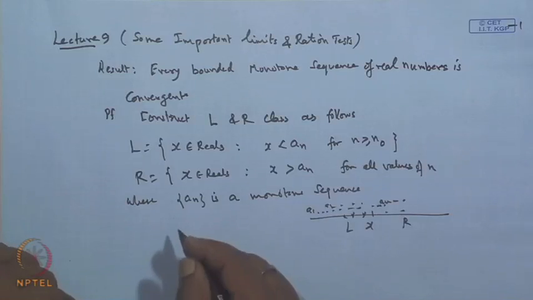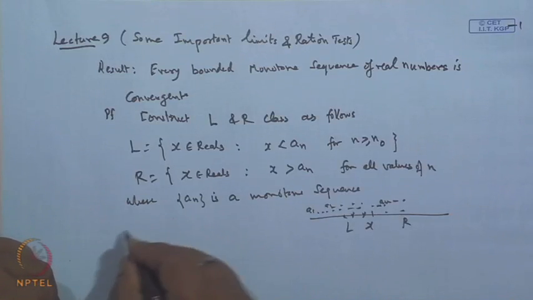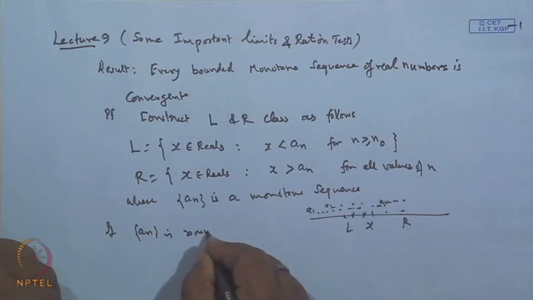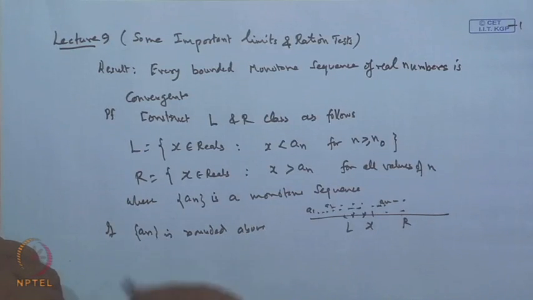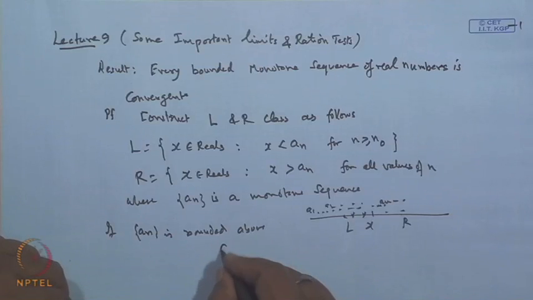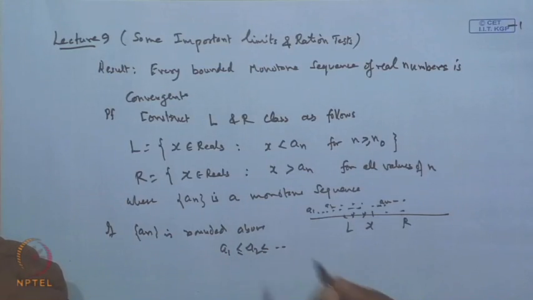So, if we take a monotone sequence which is bounded above, it means a1 is less than or equal to a2, a non-decreasing sequence bounded by say k for each n.